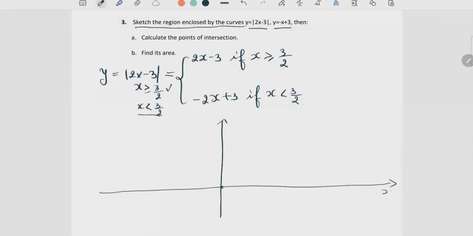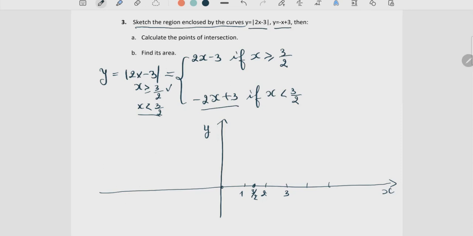Now we have the cases where x is less than 3/2 and x is greater than 3/2. So 1, 2, 3. So 3/2 is somewhere here, 1.5. For values of x less than 3/2, we have our function equal to negative 2x plus 3.